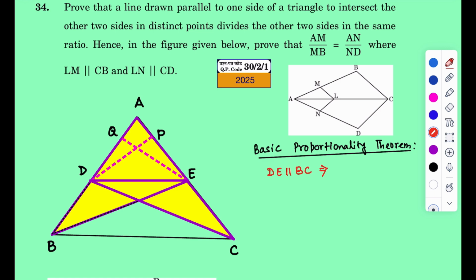That means if DE is parallel to BC, we will get AD by BD is equal to AE by CE. This you have to prove.